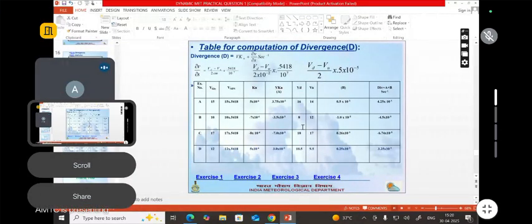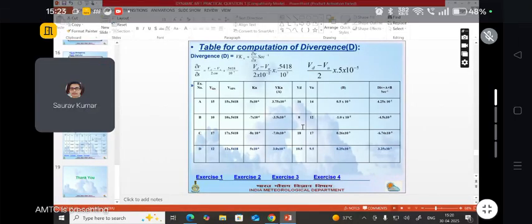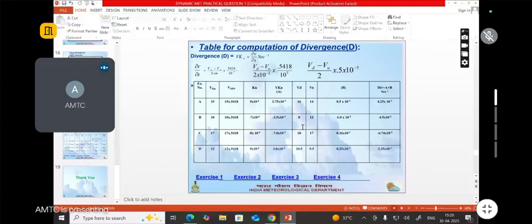Next part, PD and PU. Ahead of the streamline, the value was 60. Below it was 14. What is the term? Divided by 2.5.